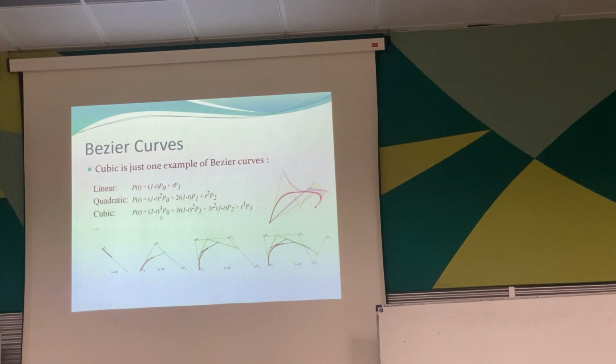When the number of control points increases, like 5 or 6, it becomes more complex with more calculation. You see a lot of lines, the green line, the blue line being drawn, a lot of linear interpolation that you have to calculate between your lines.